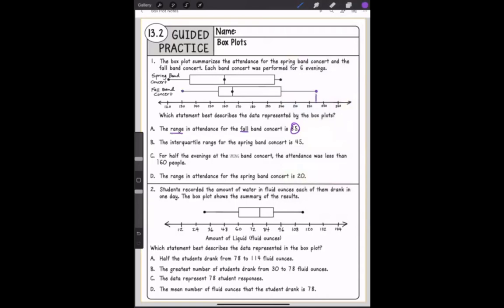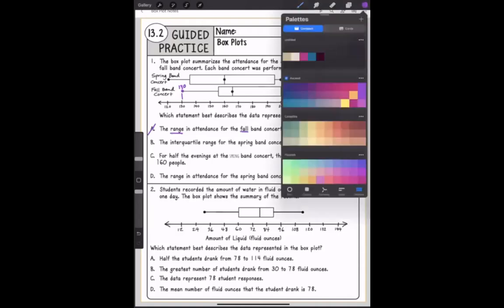If we take that down, that's in between 220 and 230, so that's going to be 225. And then over here, this is just at 130. Let's check that out. 225 minus 130. I have to borrow. So that actually comes out to 95, not 85. So that's not going to be correct.